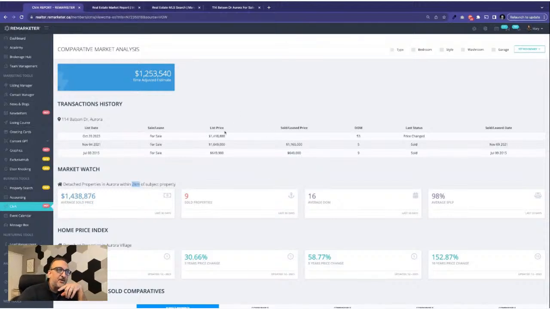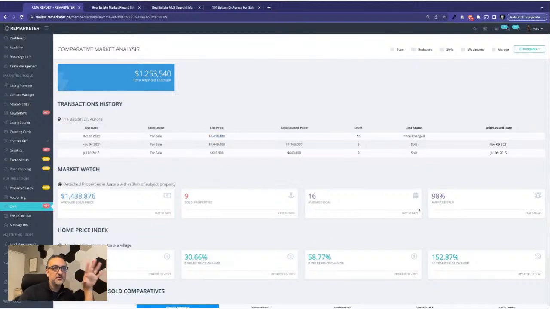So now things might make a little bit more sense right here. Okay. So now I have 9 properties to evaluate based on. So those 9 properties that sold within 2 kilometers of the radius on this property, the average price was 1.4, which is closer to what we have right here.